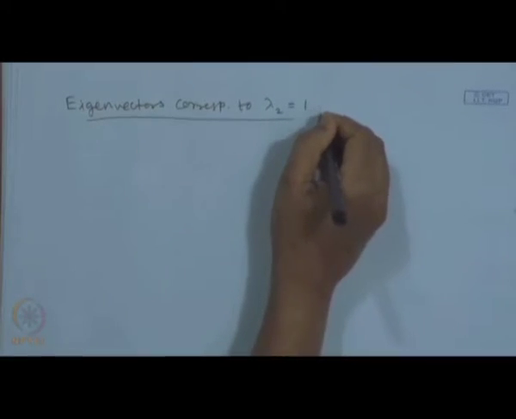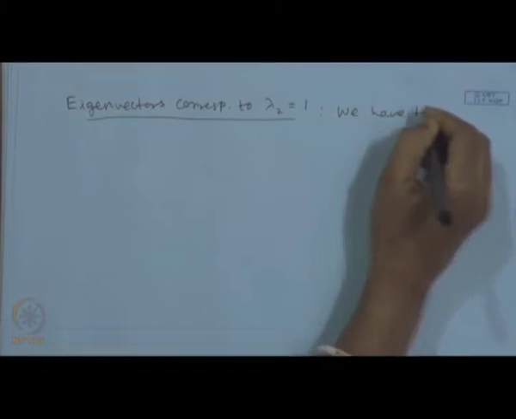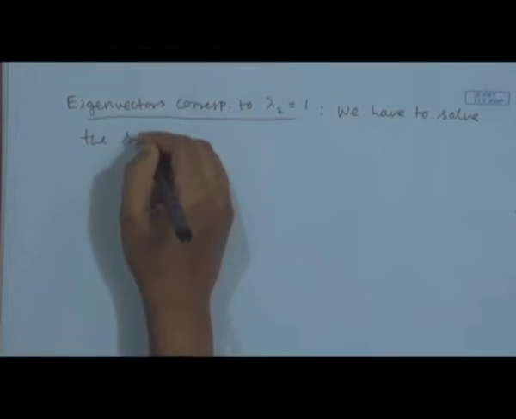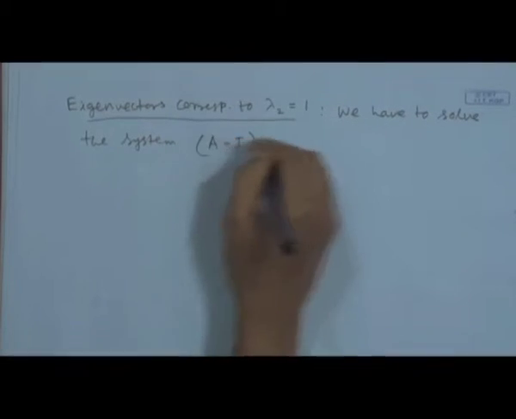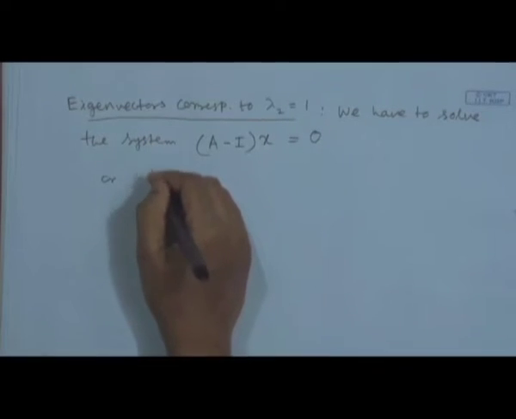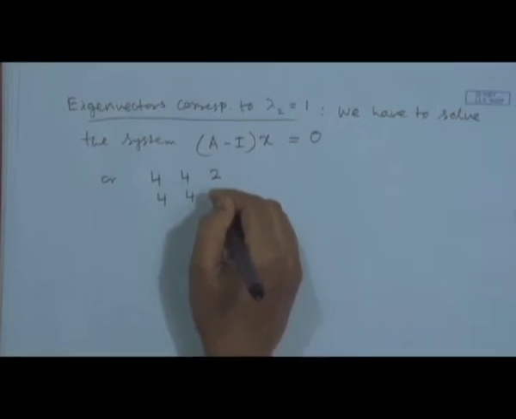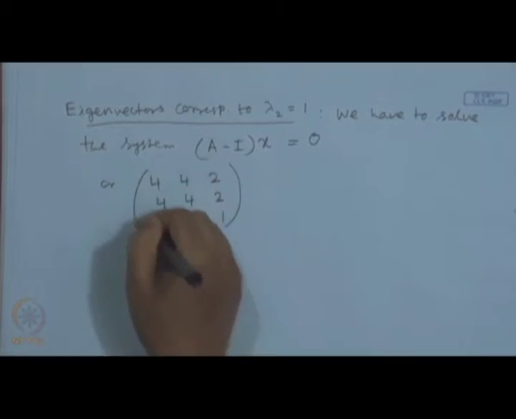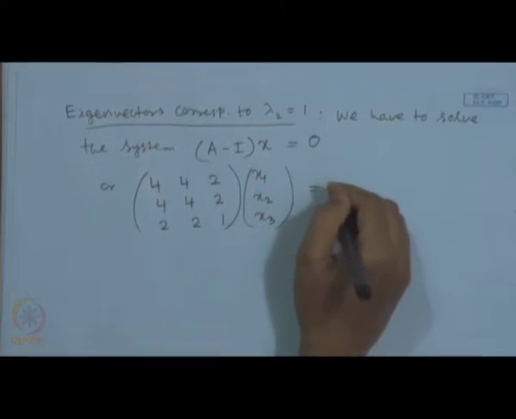So, here we have to solve the system (A minus I) times x = 0, or it is [4, 4, 2; 4, 4, 2; 2, 2, 1] times (x1, x2, x3) equal to 0.